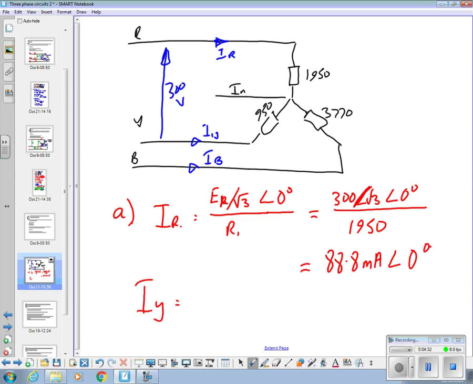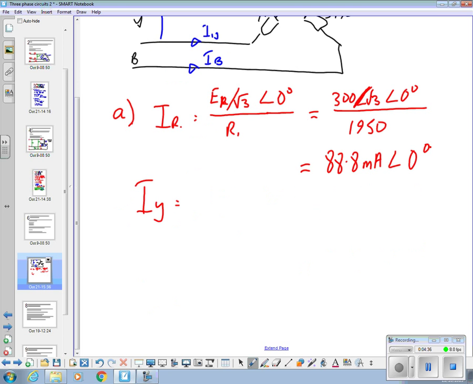IY must be EY over root 3, angle 120 degrees, over 950, or R2 I should put for completeness.